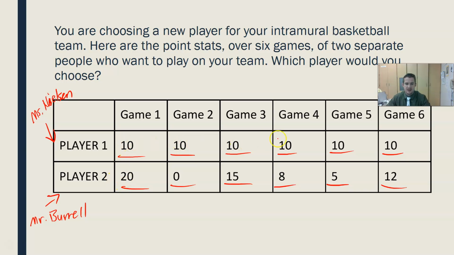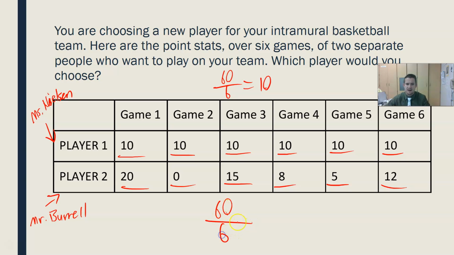Well, 10 plus 10 plus 10 plus 10 plus 10 plus 10 is 60. 60 divided by 6 games, 6 data values, is 10. So the average number of points that Mrs. Nilsson scores per game is about 10 points. Okay, let's find the average for Mr. Burrell. 20 plus 0 plus 15 plus 8 plus 5 plus 12. Go ahead and do that in your calculator if you need to. That is also 60.